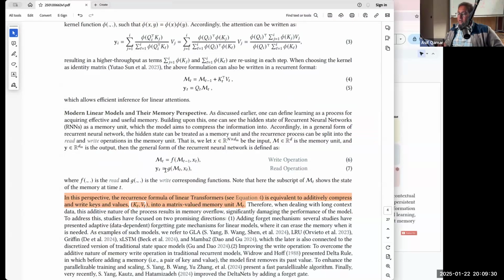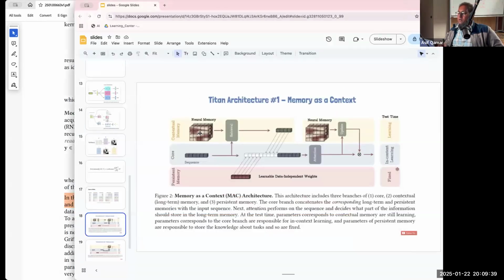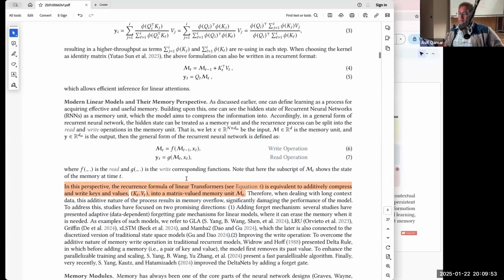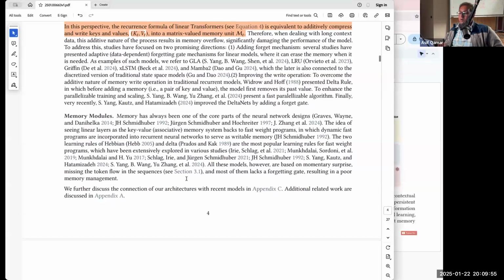They call that G. Given a memory and the input, you are able to retrieve. Essentially, you need to think of this neural memory as having two operations: one is retrieval to get the abstract information, and the other is to update. These are the two equations, or two operations, you need to know. All right, that's about that.